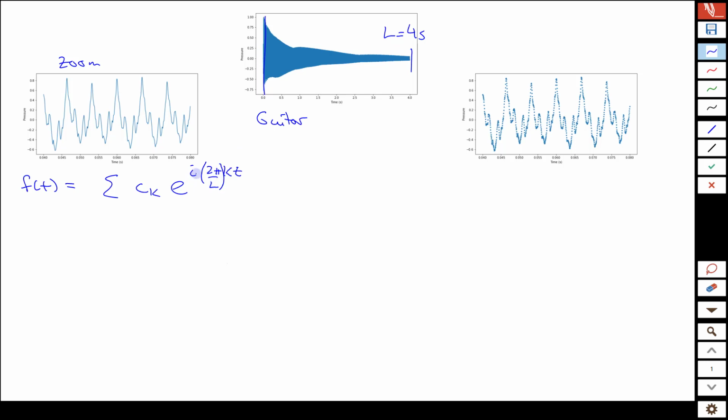In principle, we would add up an infinite number of these, so k would go from minus infinity to infinity in this series. So this is what's doing the oscillations, and the ck's are what we want, because those tell us how much of each frequency is present in this complicated signal.